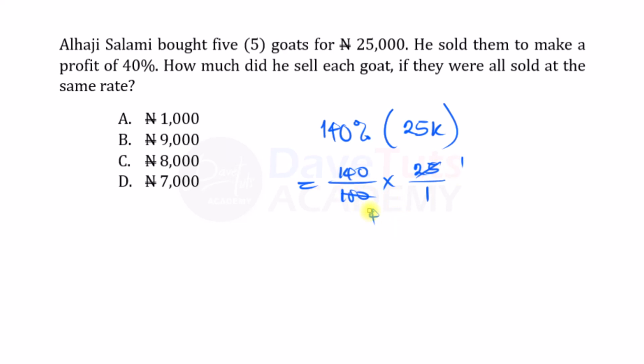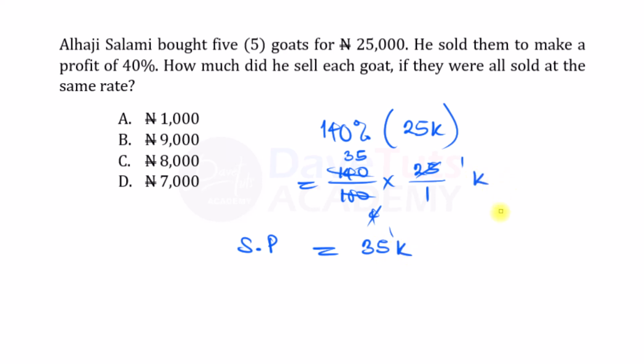Can 4 go here? Definitely. 4 here 1, 4 in 14, that will be 3, remaining 2. 4 in 20, that will be 5. So that means his selling price for all of them is nothing but 35k.